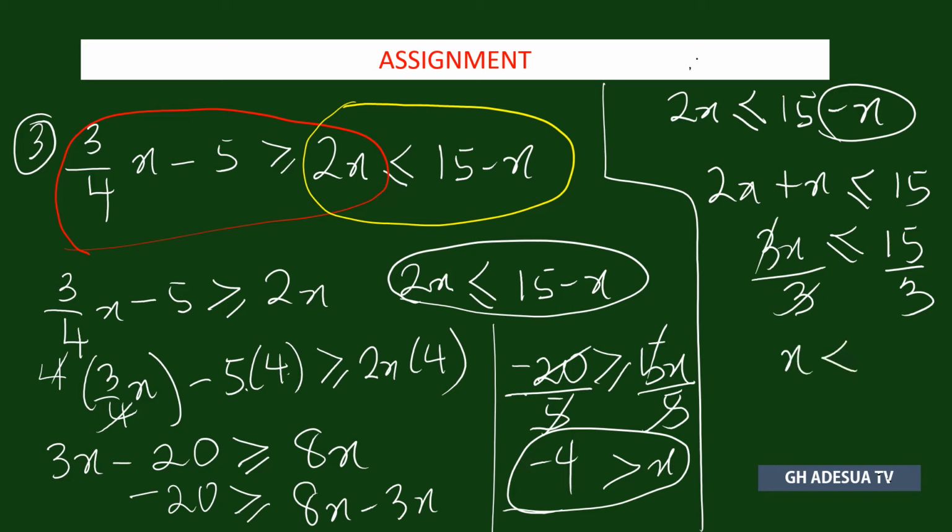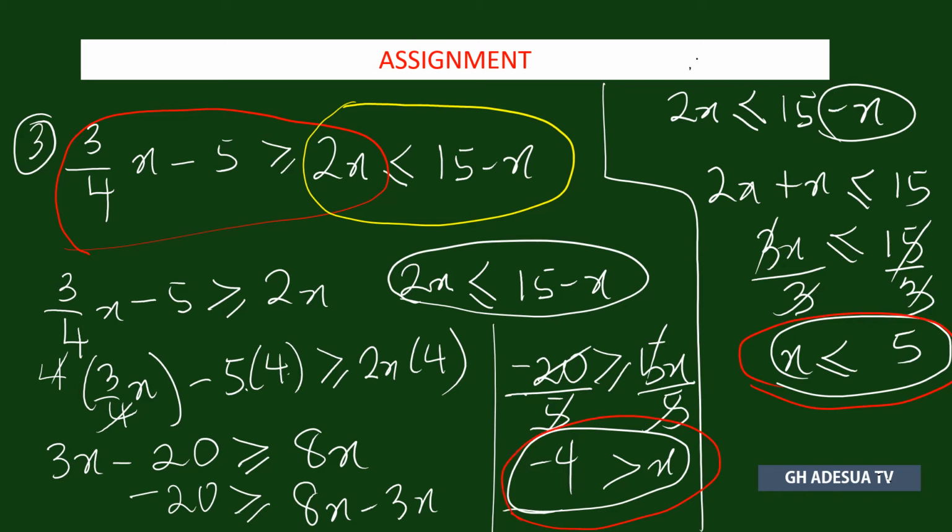So you have x less or equal to 5. So you have these two equations, that is this equation and that equation. Now to write the outcome for this, you put the x in the middle. On the left hand side, that is where you have this negative 4, and then right hand side you have this 5. This is the final outcome for that inequality.